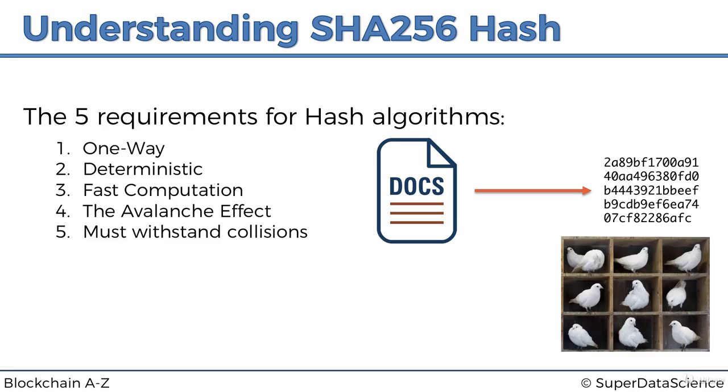Because I got the pigeons on the screen already. In a second, I'll explain what the pigeons are doing there. So with the hash algorithm, as you can see, it's 64 bits, right? So it's very limited. Even though there's a lot of different variations that you can have, it's still limited. It's not infinite. And yet the quantity of different digital documents that we can create is unlimited, is enormous.